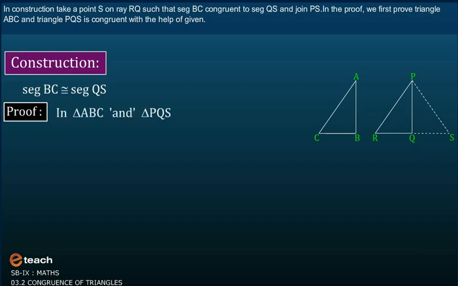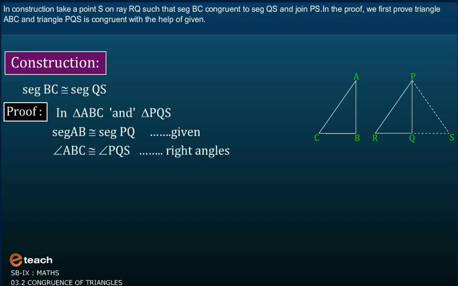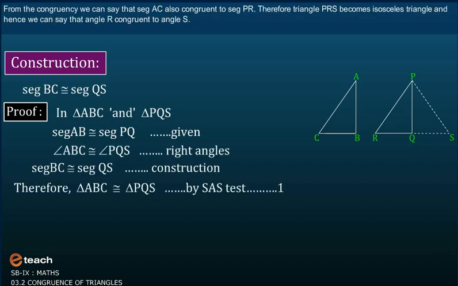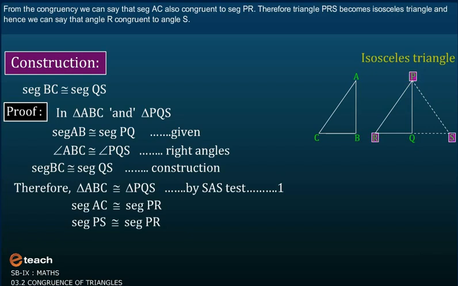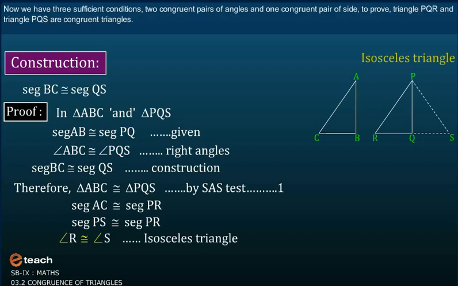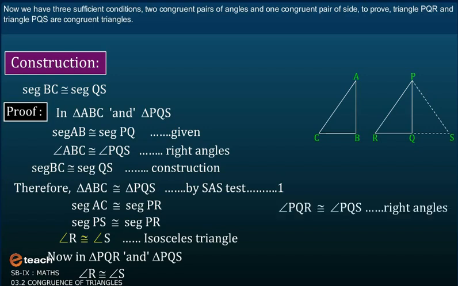In the proof, we first prove triangle ABC and triangle PQS are congruent with the help of given. From the congruency, we can see that segment AC is also congruent to segment PR. Therefore, triangle PRS becomes an isosceles triangle and hence angle R is congruent to angle S. Now we have three sufficient conditions: two congruent pairs of angles and one congruent pair of sides to prove triangle PQR and triangle PQS are congruent triangles.